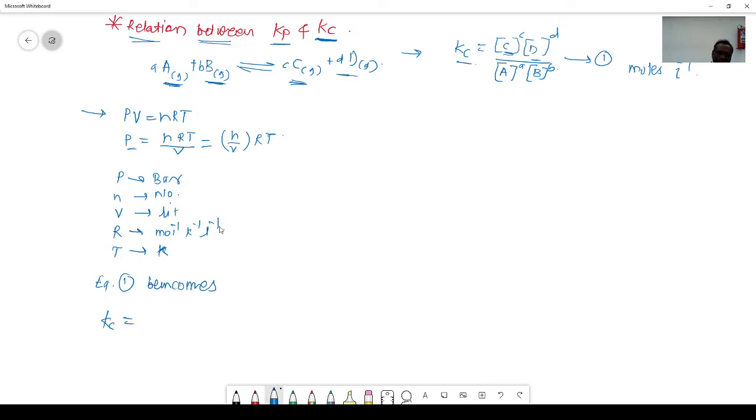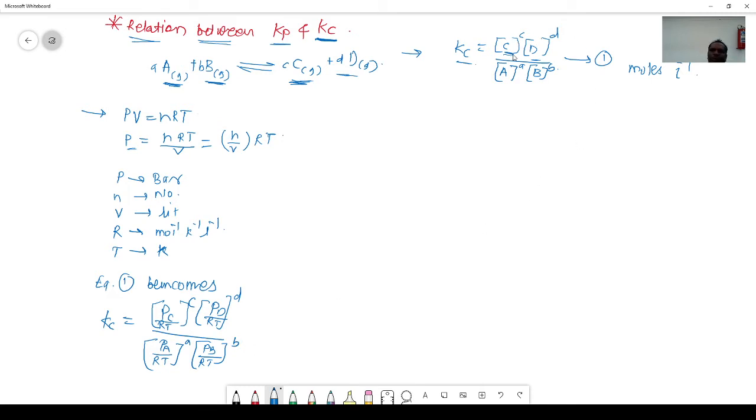So Kc becomes Pc, the partial pressure of C gas molecule, divided by RT, raised to the power c, times the partial pressure of D divided by RT raised to the power d, divided by the partial pressure of A divided by RT raised to the power a, times the partial pressure of B divided by RT raised to the power b.